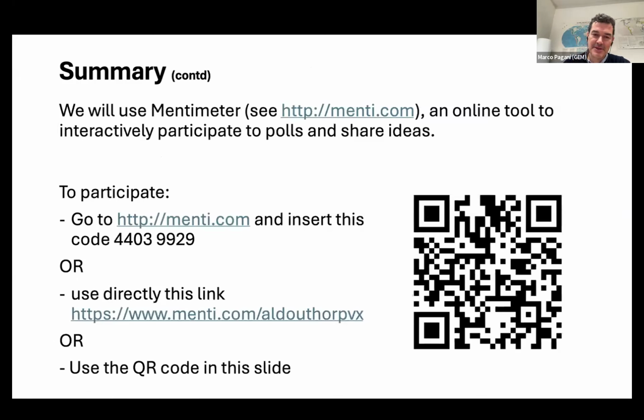As you saw in the email I sent this morning, from time to time during the presentation we'll use a tool called Mentimeter. With that tool, I will propose some polls at the beginning, at the end, and very briefly in the middle. For the beginning and the end, it is interesting to understand if the presentation changed a little the way in which you value communication, dissemination, exploitation.